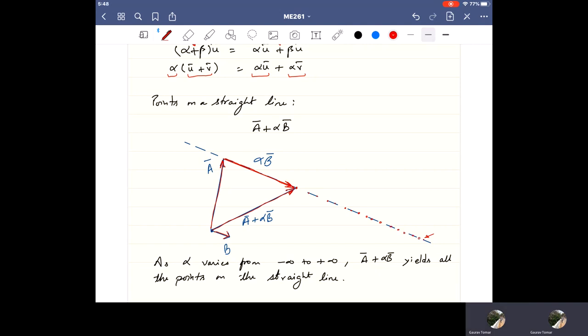So I've parameterized the vectors that point to this line by the parameter alpha as it goes from minus infinity to plus infinity, correct?